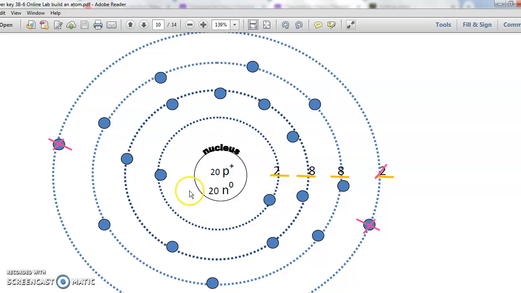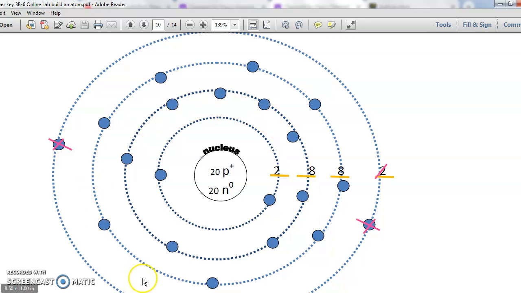2 fit on the 1st level, and 8 will fit on the 2nd level. 2 and 8 is 10, so I need 10 more. In the information you received in green writing in your lab sheets, it said to put 8 on the 3rd level.